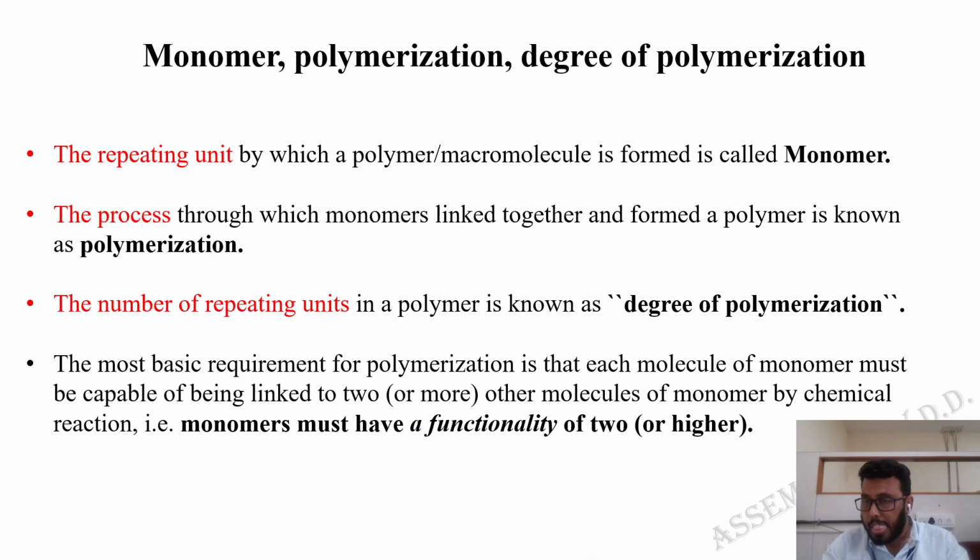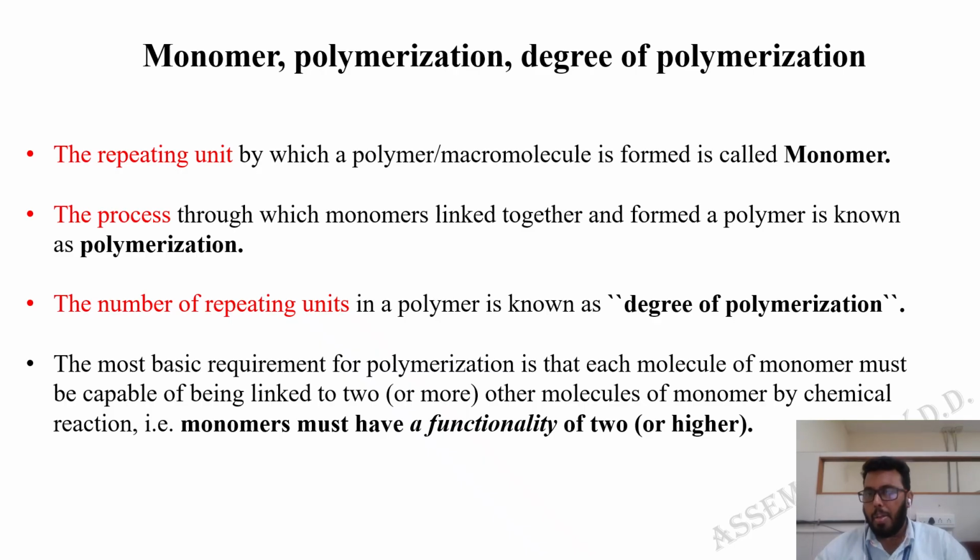That one single unit is called a monomer. If the same building block repeats, you get a massive structure, that is a polymer. So this process of building, from monomer to the massive building structure, that is polymer. How you are building it is polymerization.